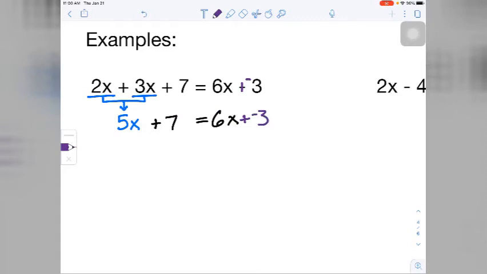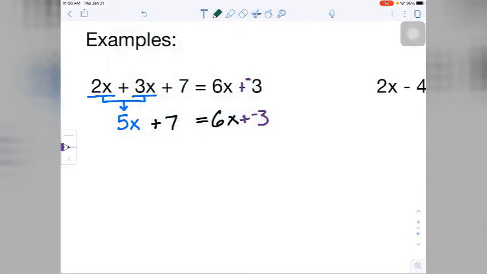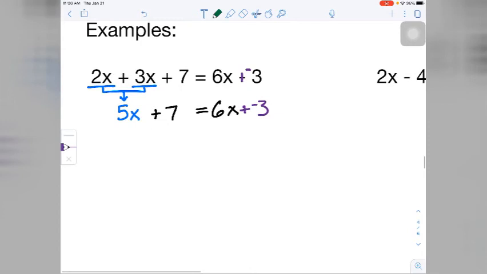All right, and then there's no zero pairs here, so the next thing that I need to do is remove balance sets. So I'm going to take like something away from both sides using inverse operations. It doesn't really matter what I take away. I'm going to start with the x's, so minus 5x on this side and minus 5x on this side.